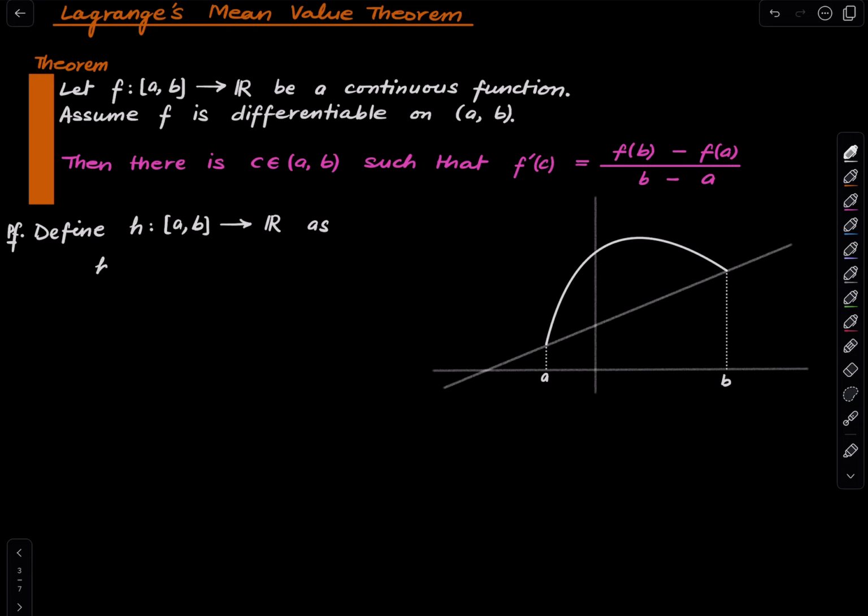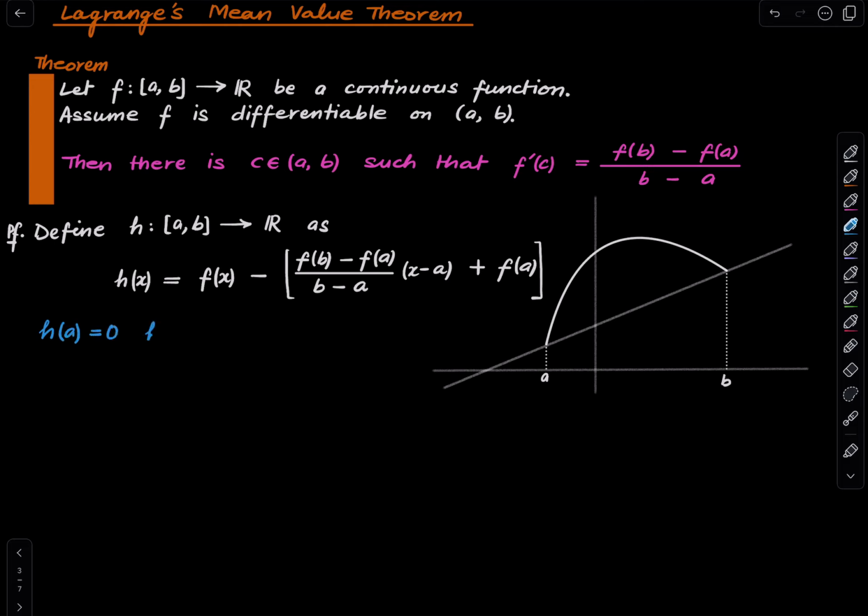H of x is equal to f of x minus... So we have this function h of x, and if you think about it a little bit, you will see why it is defined this way. So the thing that we observe is that h of a is 0 and h of b is 0.